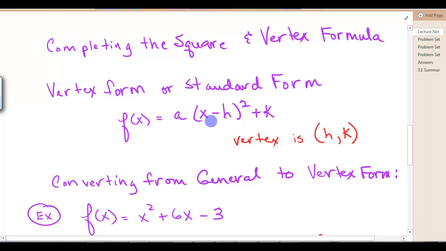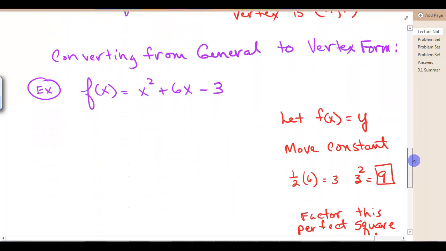So if it is in this form, the vertex is literally h comma k. That would be the coordinates of it. So sometimes it's really nice to be able to convert from the general form, which was the ax squared plus bx plus c, to the vertex form. So let's see how that happens.